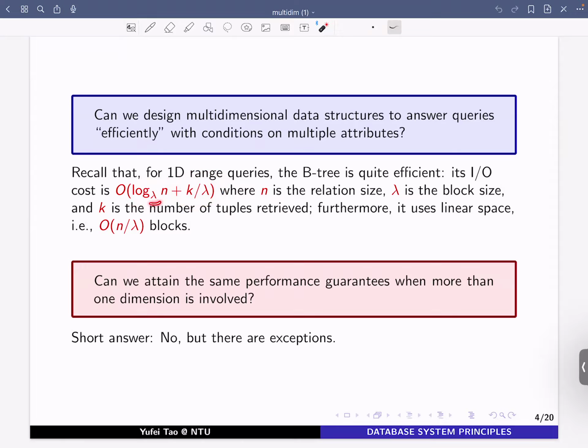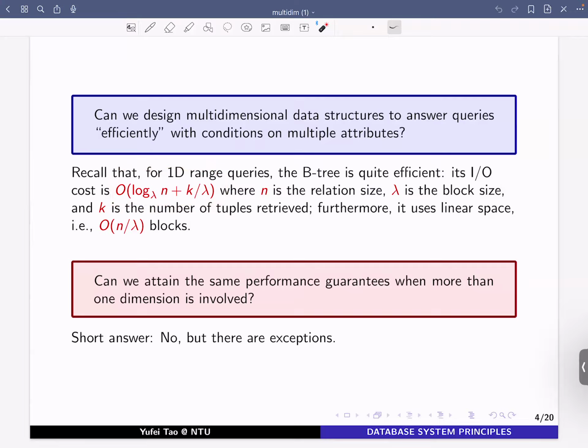Remember the base of the logarithm is lambda, and that's a pretty big number in practice, on the order of hundreds, I would say. So log base lambda of n is something quite small. This is what we mean by efficiently. So we want to achieve this query bound.